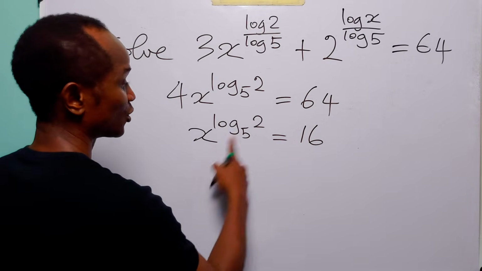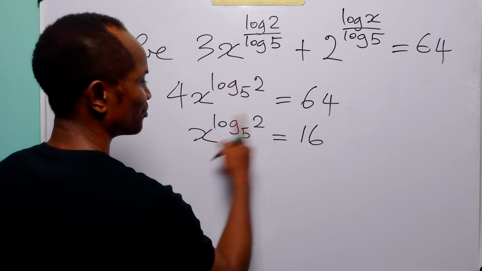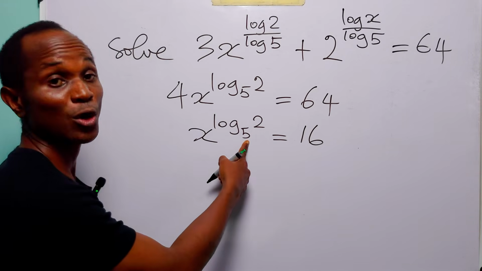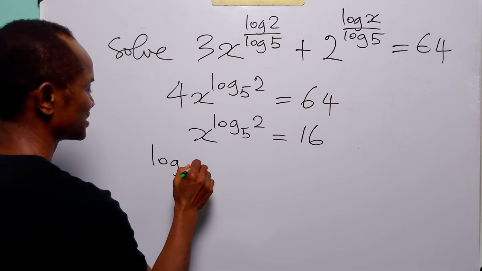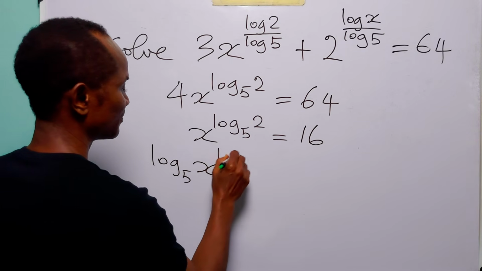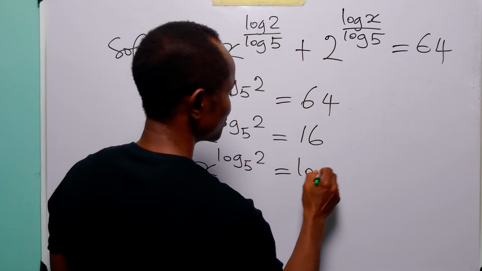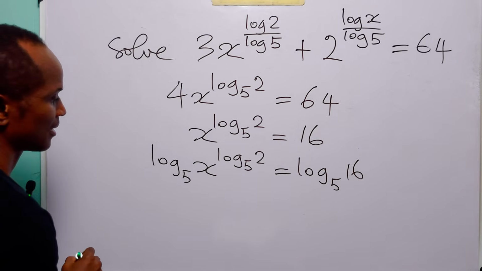And of course, having gotten to this stage, you know that the next thing we are going to do is to take log of both sides of this equation. When we do that, we continue with log base 5. We have that log base 5 of x to the power log base 5 of 2 is equal to log base 5 of 16.